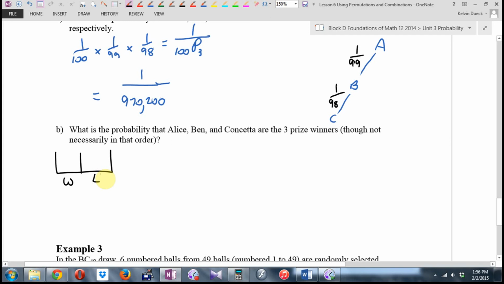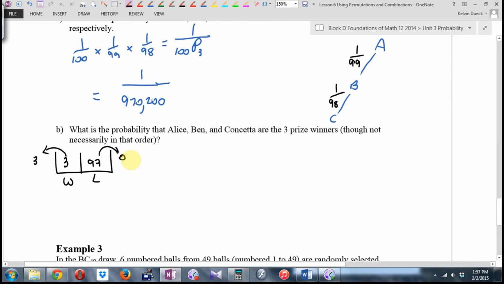Out of the 100 people, how many do we want to win? 3. How many do we want to lose? And of those winners, how many of them do we want to choose? All 3 of them. Of those losers, how many of them do we want to choose? 0.